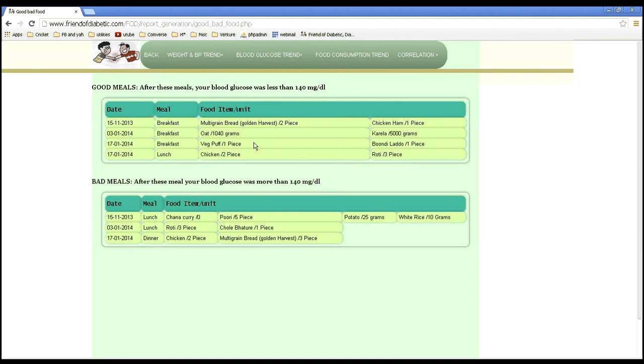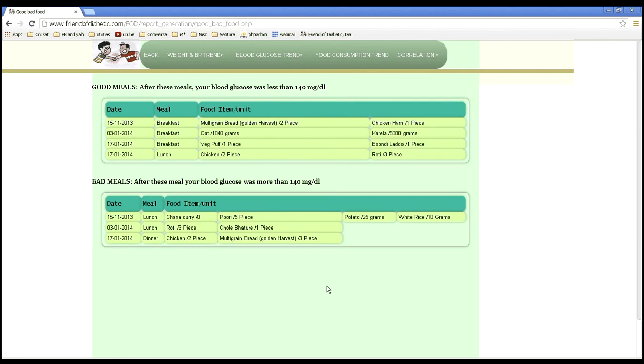These have caused my blood glucose to stay within 140. Whenever you have entered a meal, and after that meal on the same day you have entered a blood glucose value, the software correlates and finds out how things have gone good or how things have gone bad.